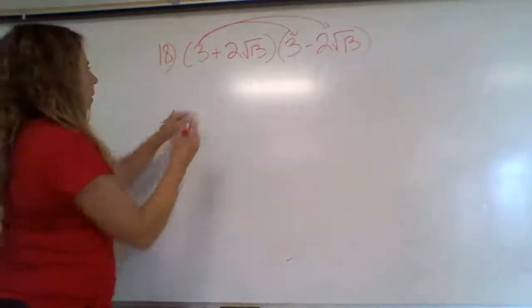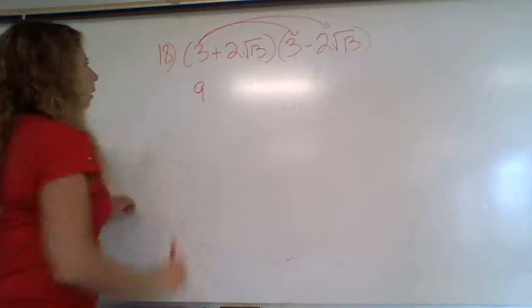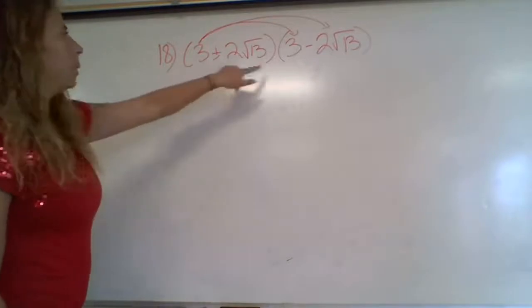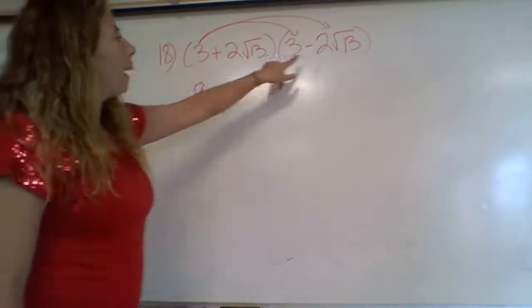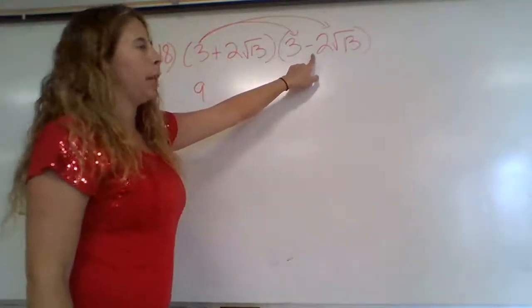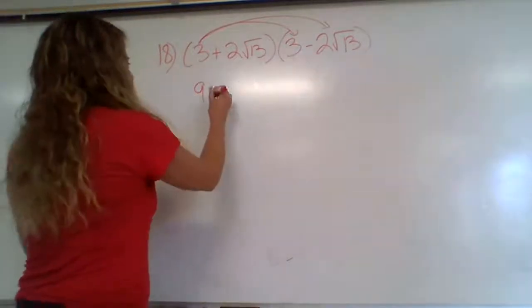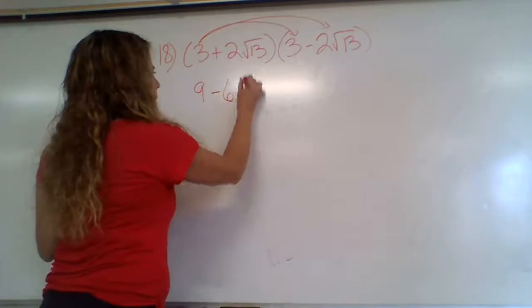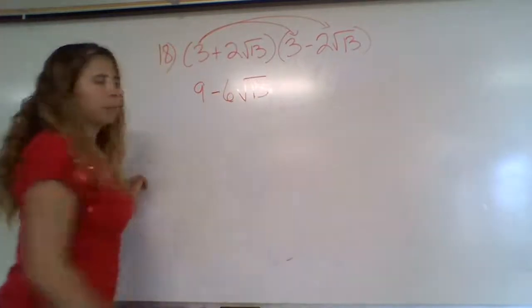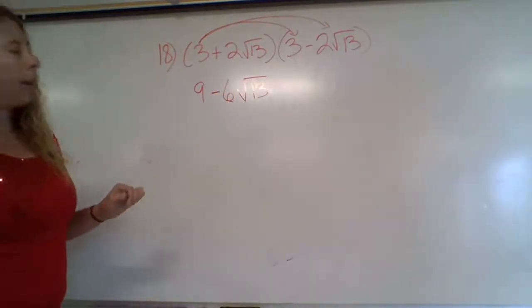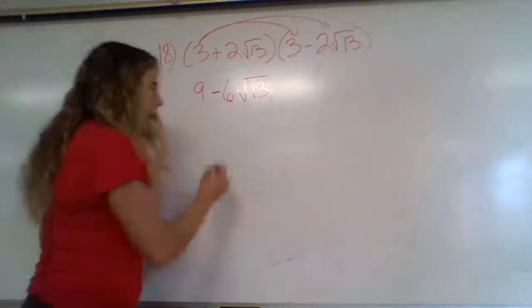So 3 times 3 is 9. And then you have 3 times negative 2 square root of 13. You just multiply 3 times negative 2, you get negative 6 square root 13.